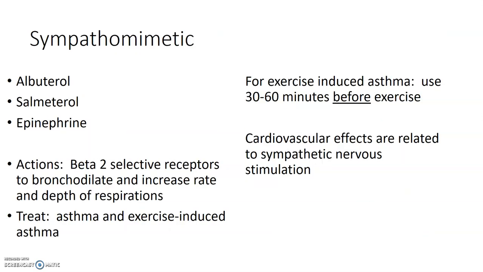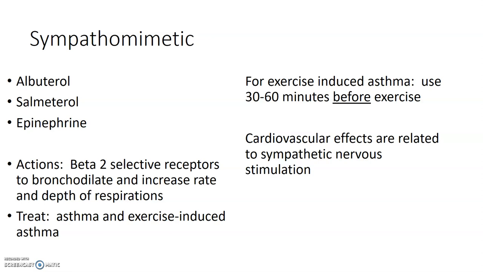The next class of drugs are the sympathomimetics, including albuterol, salmeterol, and epinephrine. These drugs act on the beta-2 selective receptors to cause bronchodilation and to increase the rate and depth of respirations.